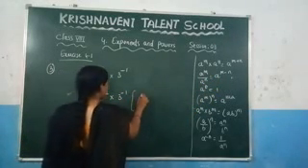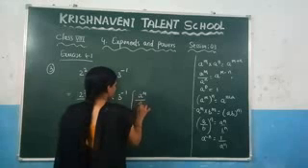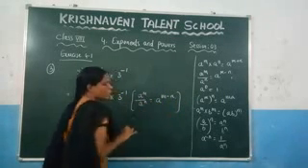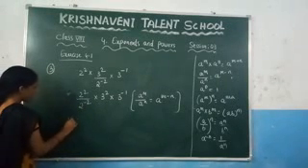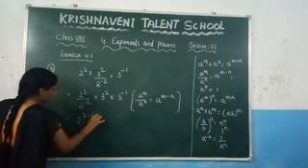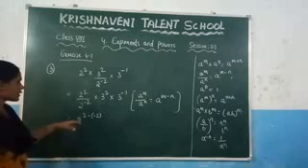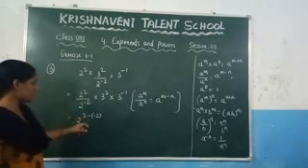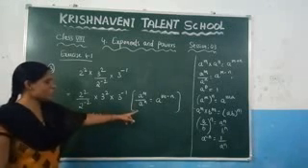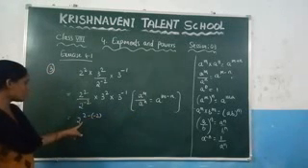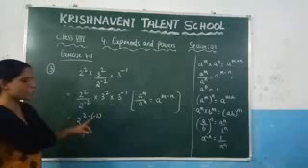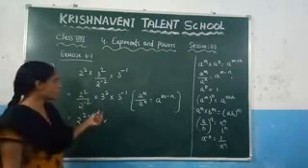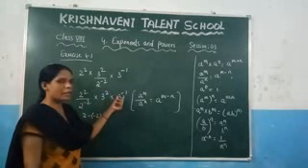Since a power m by a power n is equal to a power m minus n, you can write this one as 2 power 2 minus of minus 2. Why? Because here 2 is there, and the power here is minus 2. So you can write this one as 2 power 2 minus of minus 2 into, again here you can observe that it is in the form of a power m into a power n.